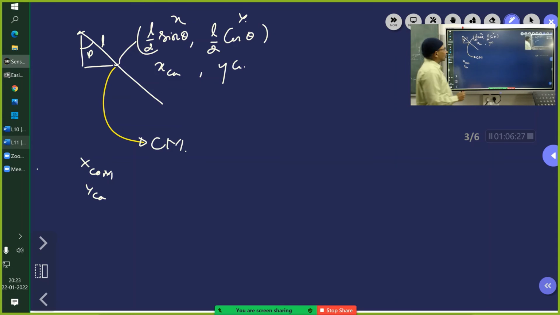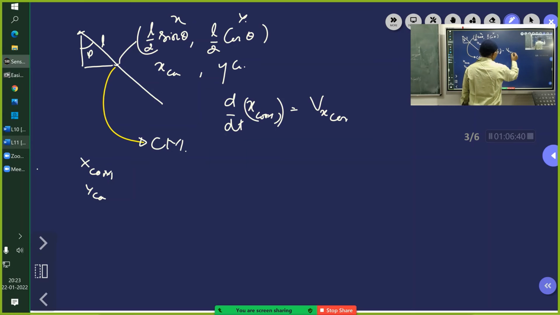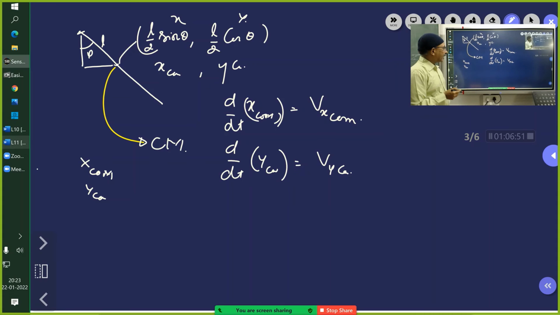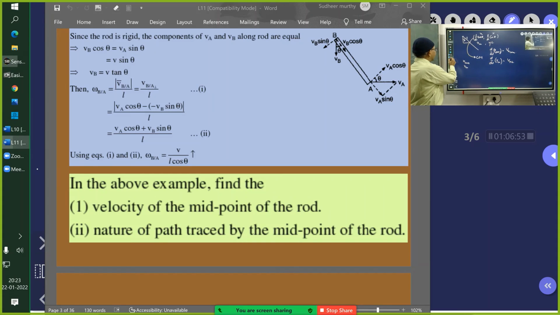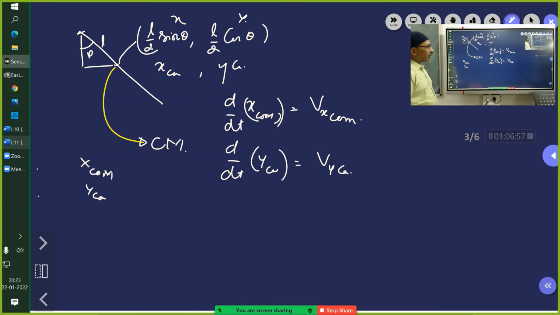So if you differentiate, d by dt of X COM, what will you get? You will get the velocity, Vx COM. And if you differentiate d by dt of Y COM, you will get Vy COM. They are asking for the velocity, so these are the two components that you have to get.